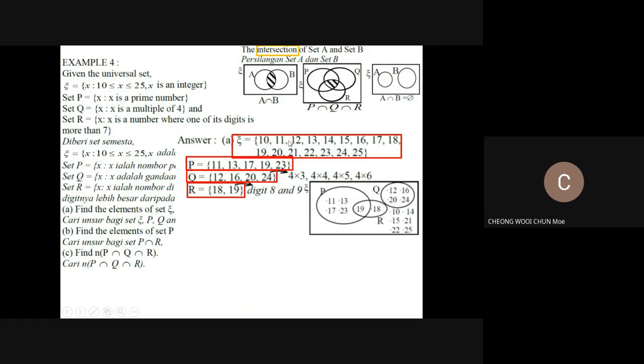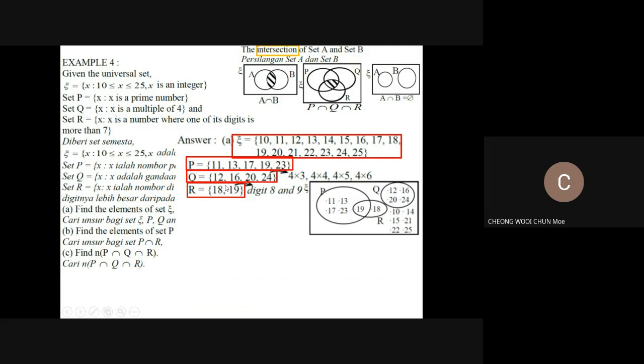So the digit must be more than 7. 7 itself is not, but 8 is more than 7, so 18 is inside. 9 is more than 7, so 19 is inside. The rest are less than 7. So digit 8, digit 9.